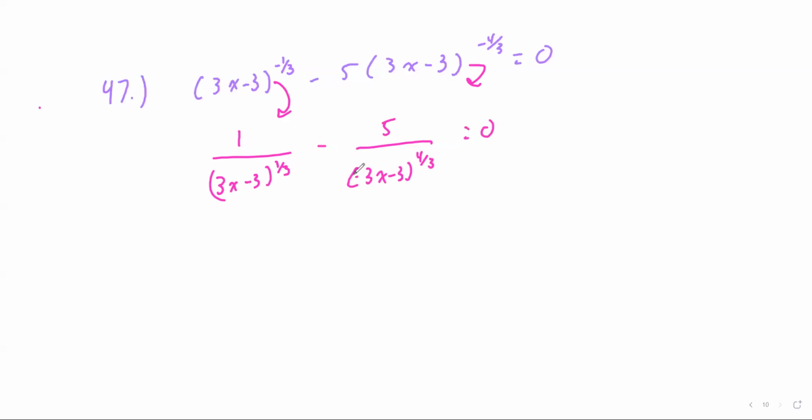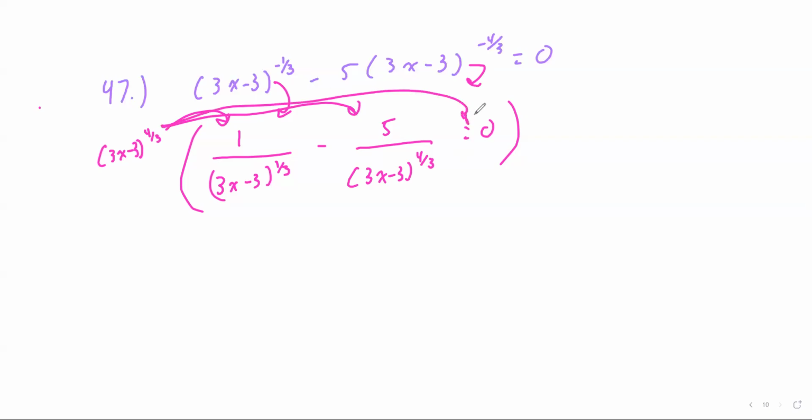I don't like fractions, so my least common denominator in this case is actually 4/3. I'm going to multiply, because it's always going to be the biggest one, as the least common denominator. I know that terminology gets students, but this would be 3x minus 3 raised to the 4/3. I'm going to multiply it to every single term.